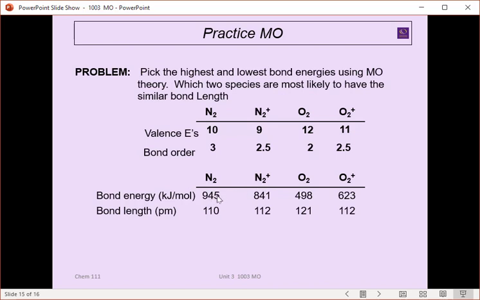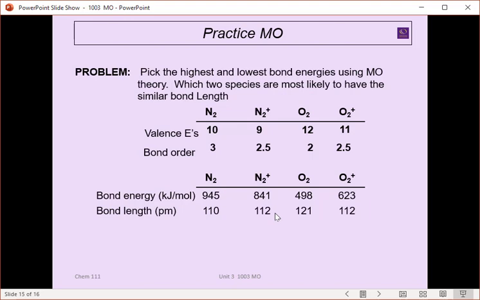And then you can say, I do know that my N2 is going to be higher energy than these are from each other. And then the O2, which is the lowest bond order, is going to be the weakest. And that indeed holds. Very interesting, though, when you look at the bond length, it's almost exactly the same, whereas the stronger bond is a little shorter, and then the weakest bond is the longest of the 3 types of bond orders.